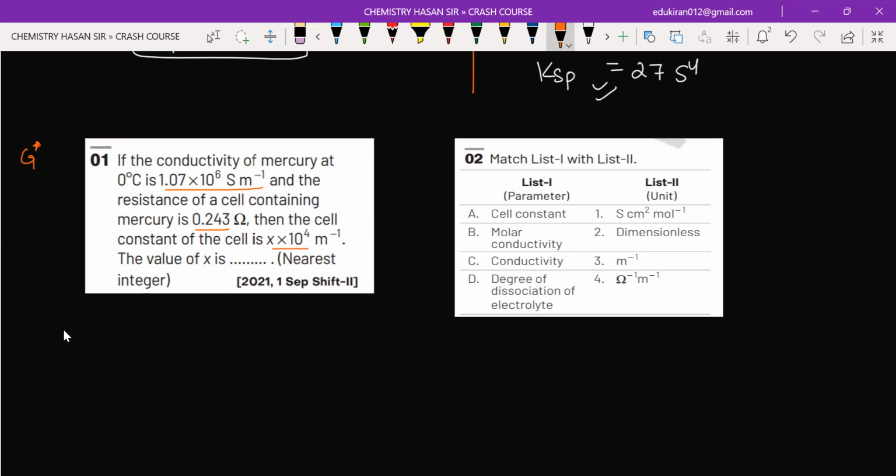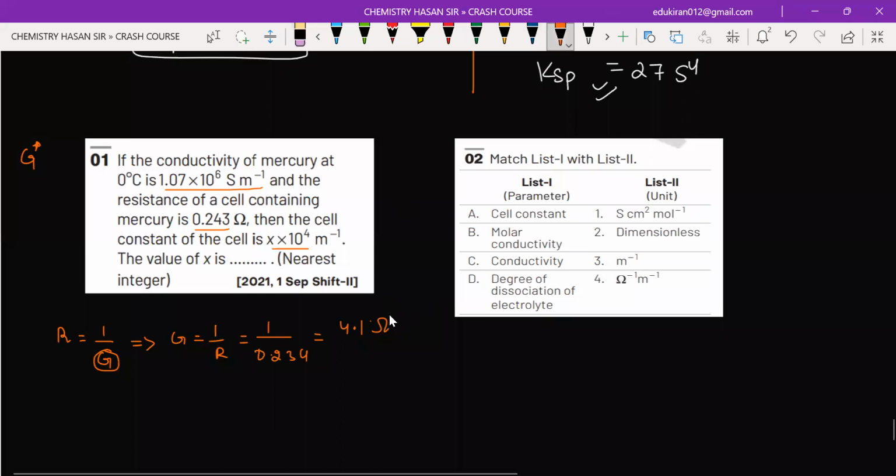So first of all, I'm going to apply this formula: R is equal to 1 by G. From here, you can easily calculate the conductance G, which will be equal to 1 by R. If you solve it with the calculator, you will get 4.11 or 4.1 per ohm, not per meter. This is basically your cell conductance.